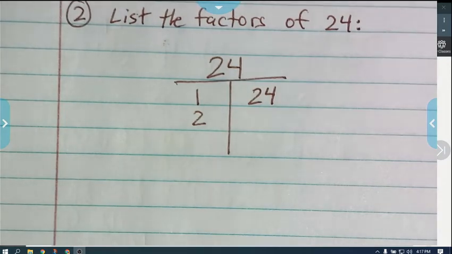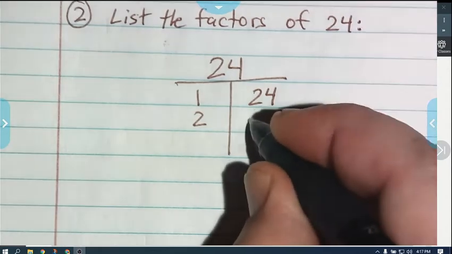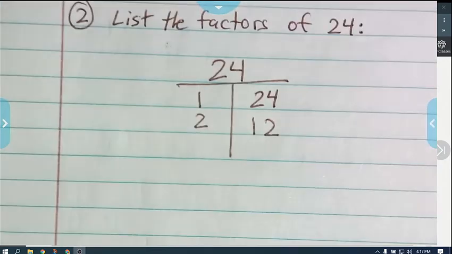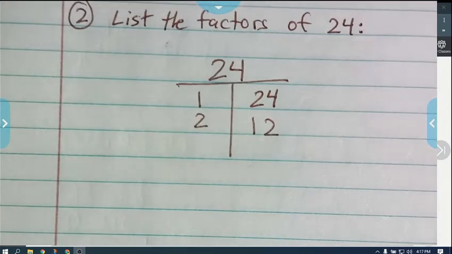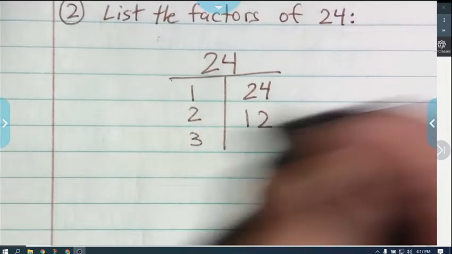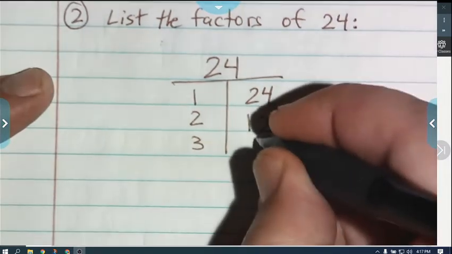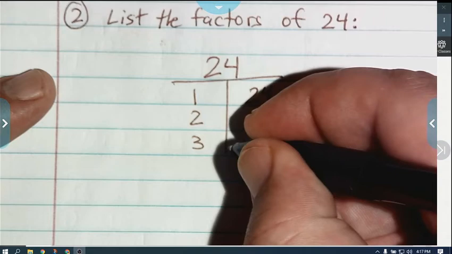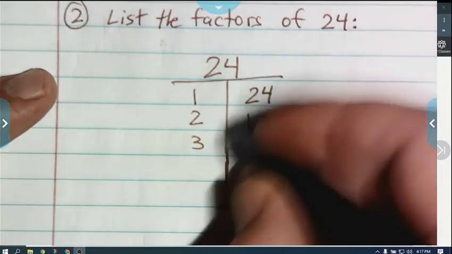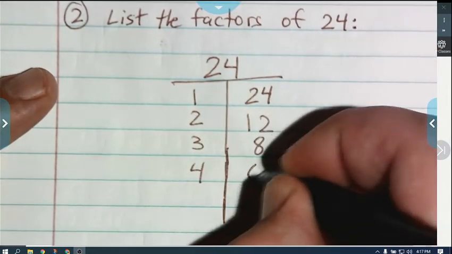Just cut 24 in half. All right, let's go to 3. And if you said what's 24 divided by 3, well, that's 8, isn't it? Of course. Extend the line. 4 times 6.